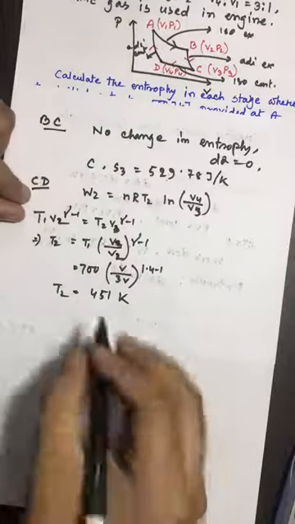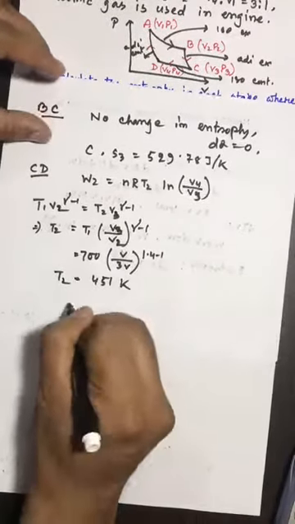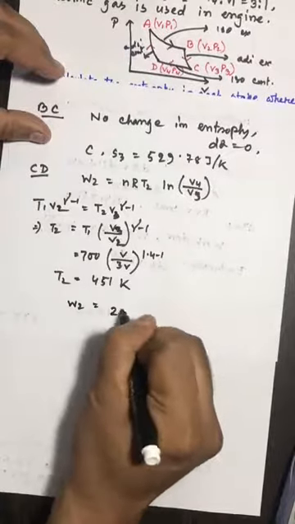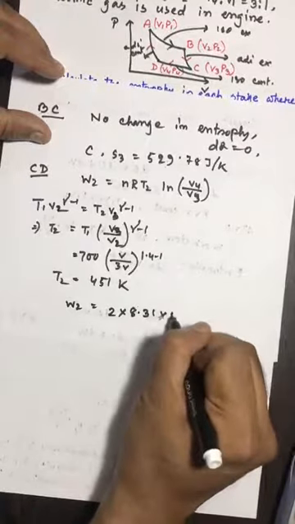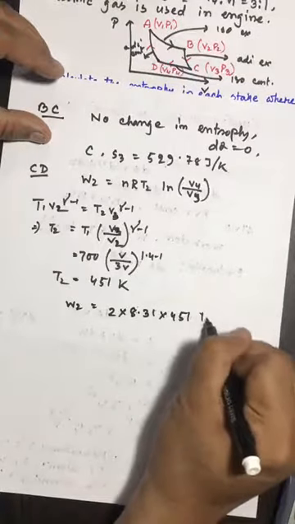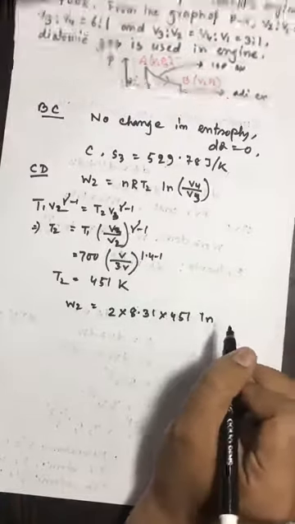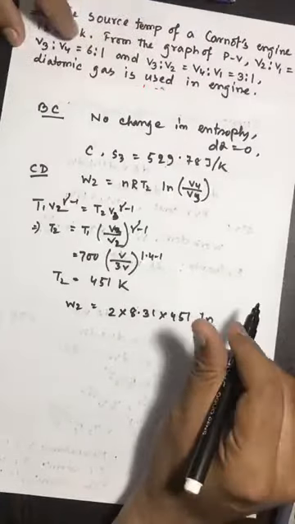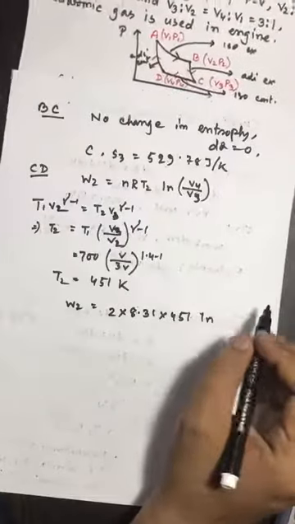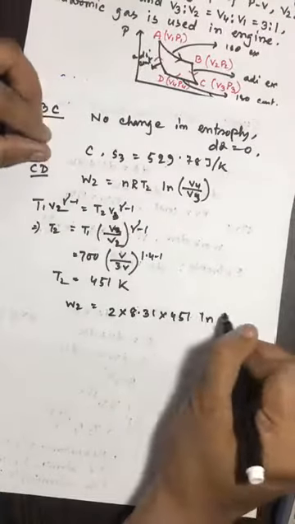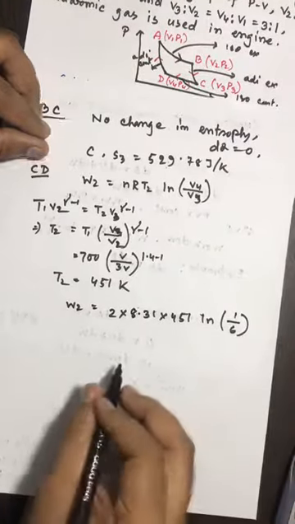So we can put in W2: 2 into R into 8.31 into T2 temperature 451, ln of V4 by V3, which we know is 6 by 1. So 1 divided by 6, ln 1 by 6 here.